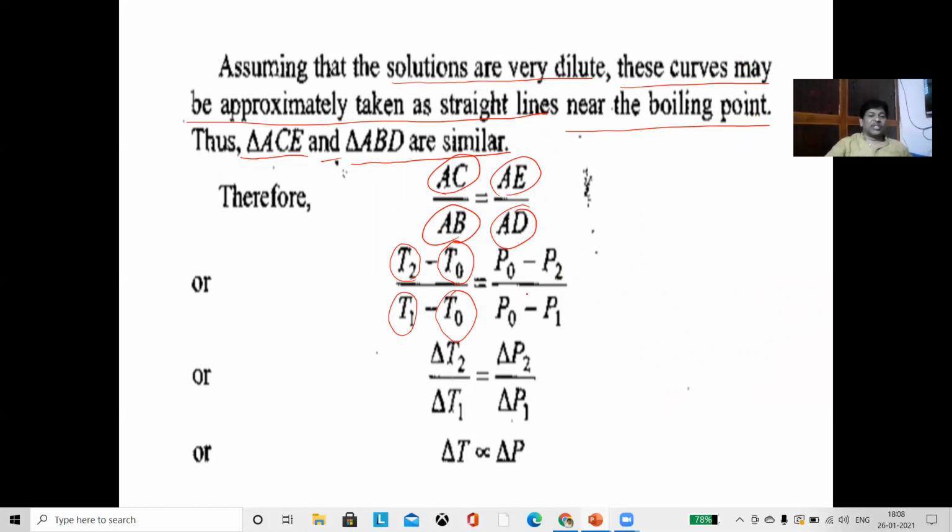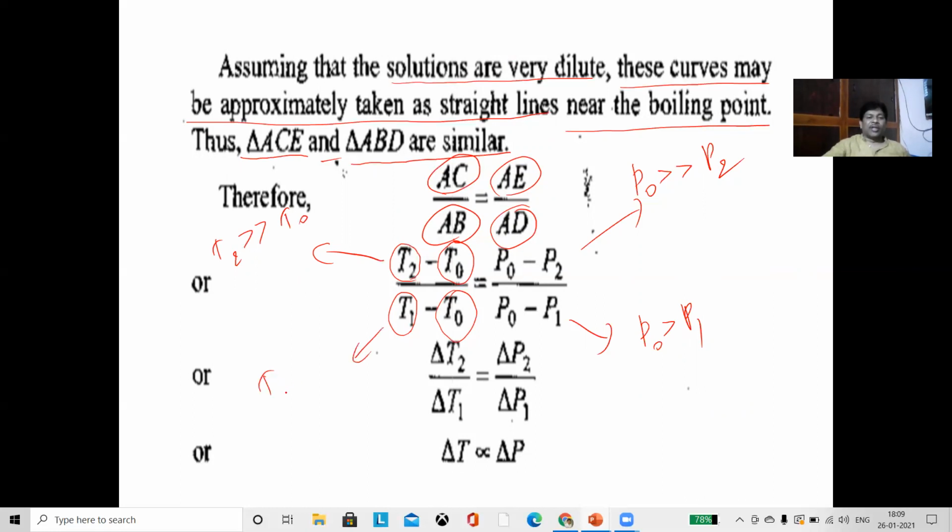If you take vapor pressures, P naught is greater than P2, and P naught will be greater than P1. But if you take temperatures, T2 value will be greater than T naught.